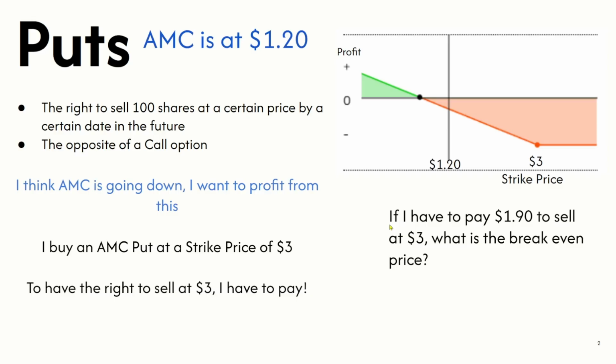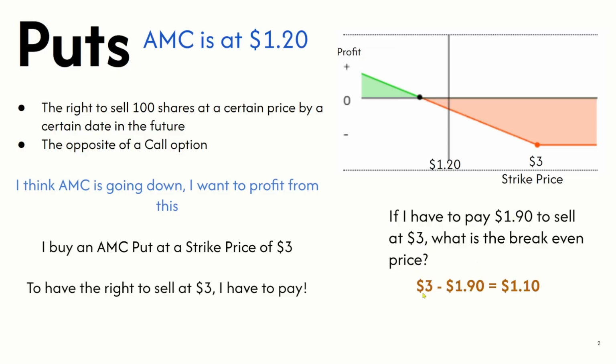So let's assume I would have to pay $1.90 to sell it at $3. Then how far down does the AMC stock have to go for us to at least break even or be in profit? The shares are at $1.20, our strike price is at $3, so I can sell it at $3, and I'm paying $1.90.